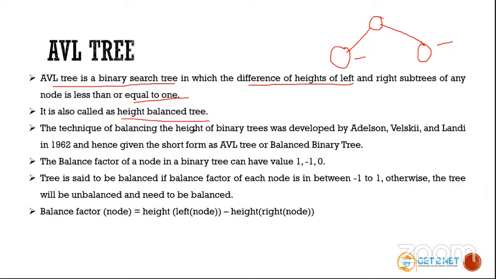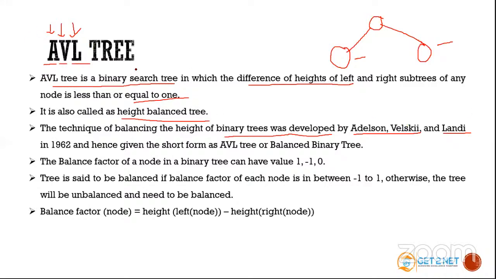The technique of balancing the height of a binary tree was developed by Adelson-Velsky and Landis. These three persons made this technique. That's why the name was given as A, V and L: A for Adelson, V for Velsky and L for Landis.